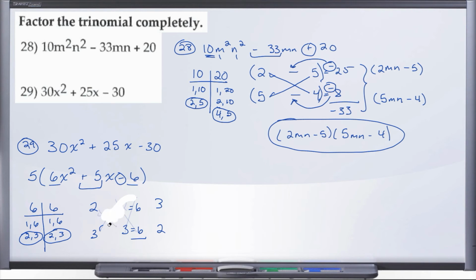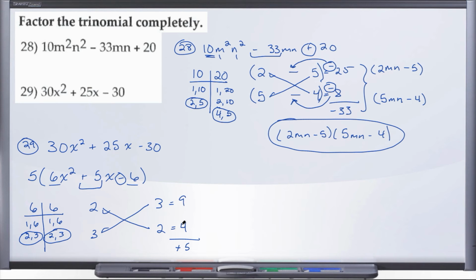So just to help us stay organized, let's get rid of that work there, and we'll try the next combination. All right, so 2 times 2 gives us 4, and 3 times 3 gives us 9. Can we, in some combination, 9 and 4, or 4 and 9, subtract those numbers to get a positive 5? I think we can.